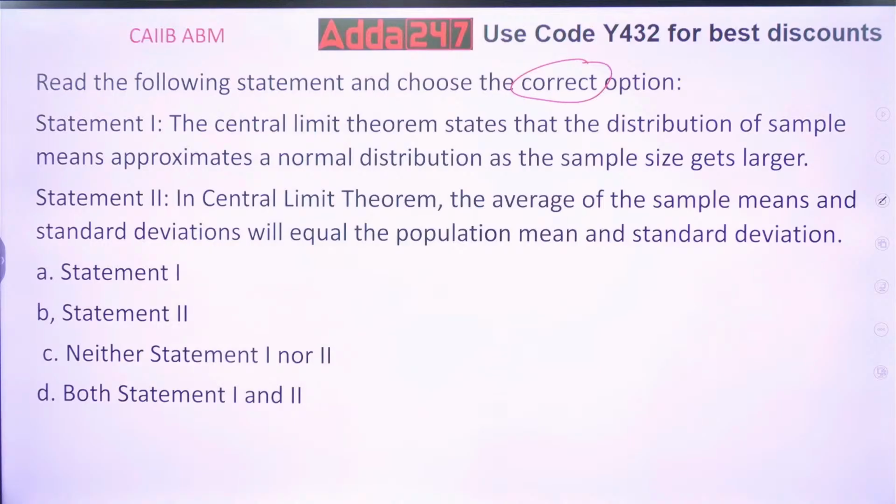First one is correct. Okay, let's do it one by one. First one is correct. Do you agree with this? Because as the sample size increases, the distribution will move towards the normal distribution.